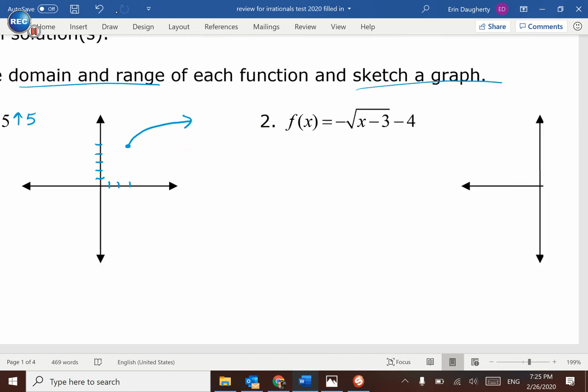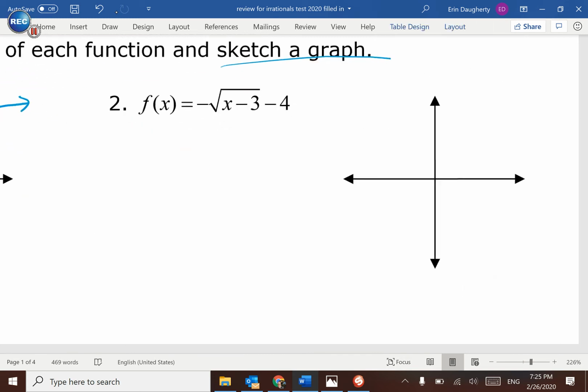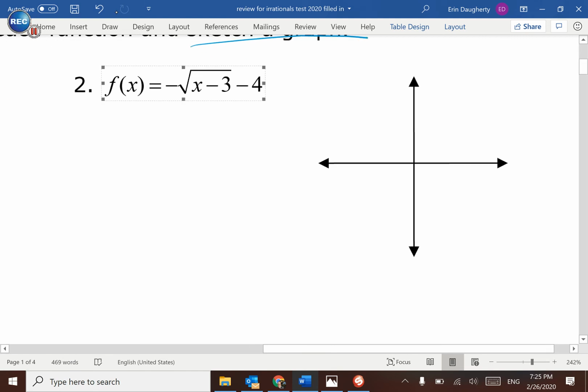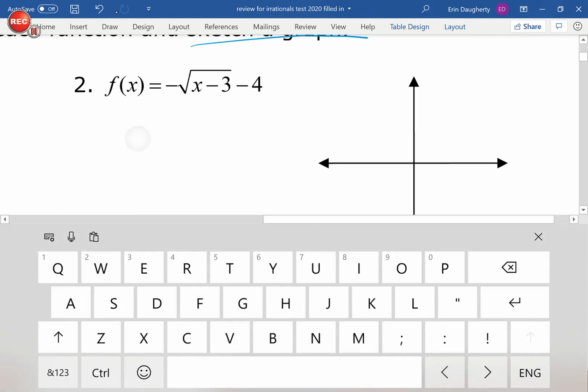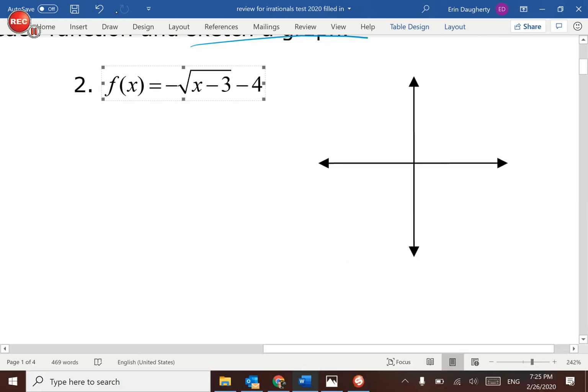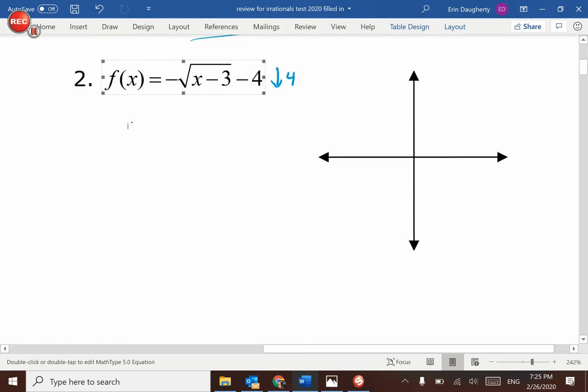All right, so let's go ahead and take a look at number 2. Now, looking at number 2, we're going to start looking at this equation. Notice how we have a negative 4. Now, instead of a positive shift, it's going to go down 4. Let's see if I can get this to stop doing that.